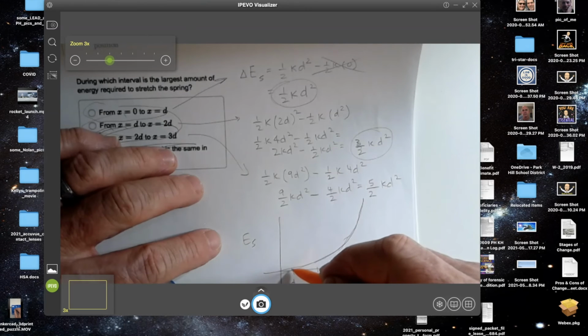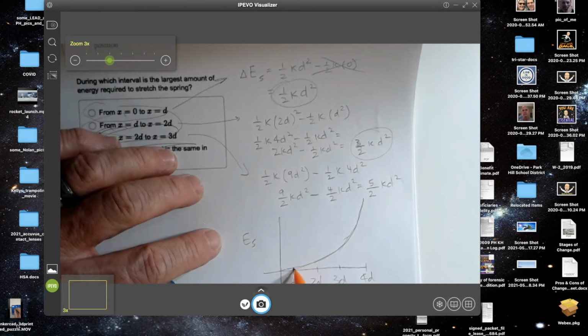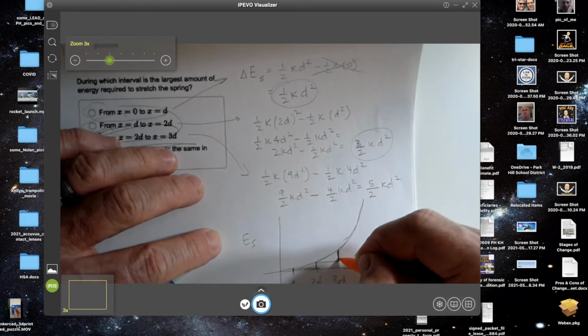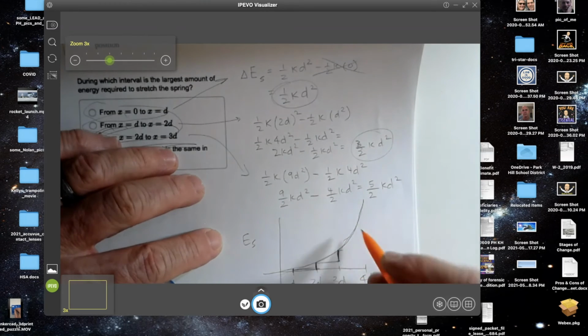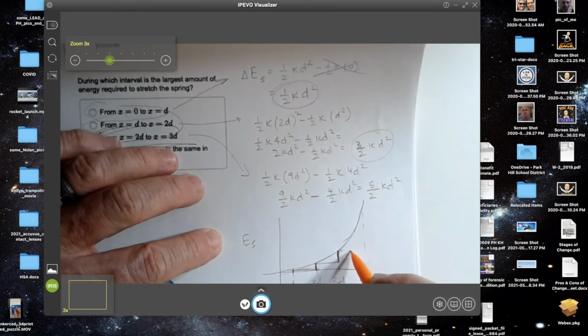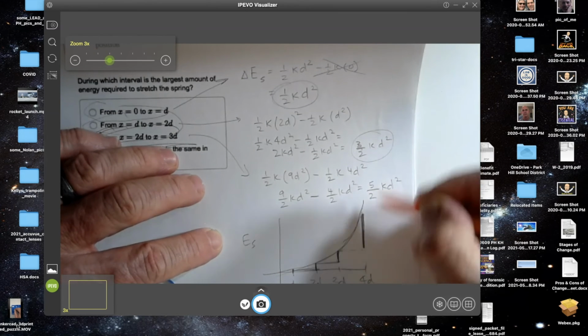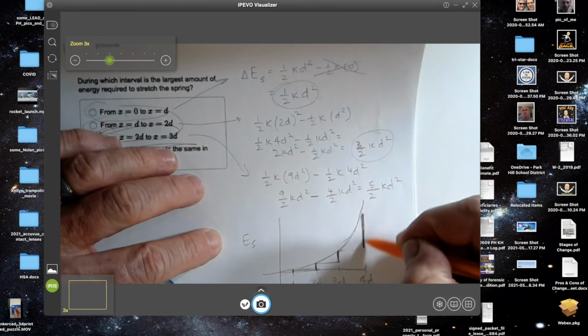From here to here, there's not too much energy. Here to here, more. You see this vertical line here that we're actually analyzing, right?